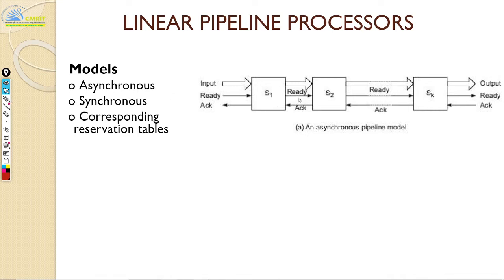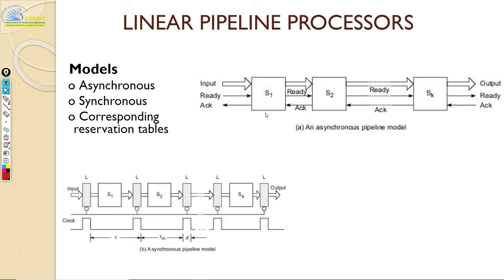So always in asynchronous mode you will have handshakes and you will not have a clock. In synchronous you don't need a handshake, but in synchronous you will definitely have a clock. So that's your synchronous pipeline, whatever is shown here.